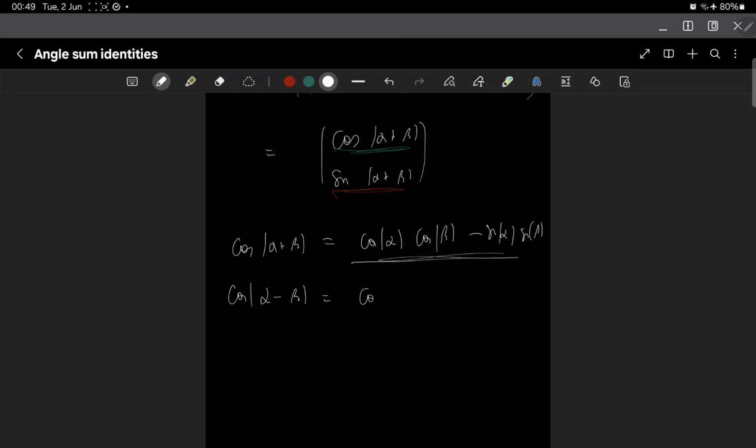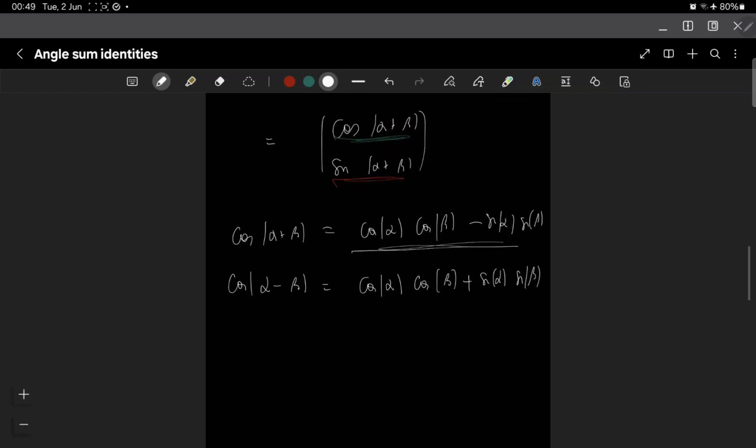So this is cosine alpha times cosine of minus beta, but cosine is an even function, so that's the same as cosine of beta, minus sine of alpha. And now sine of minus beta is minus sine of beta, so this becomes a plus and we get sine beta, right?